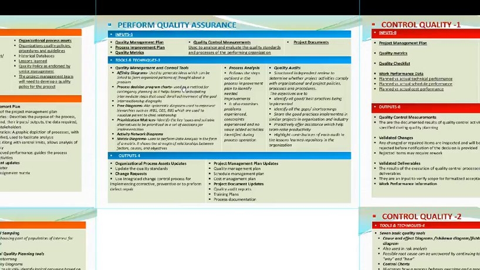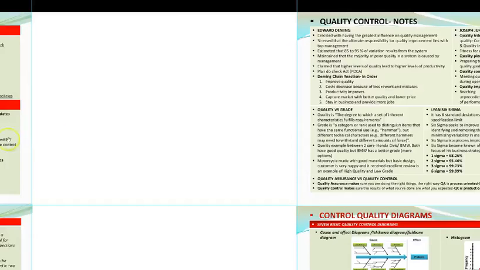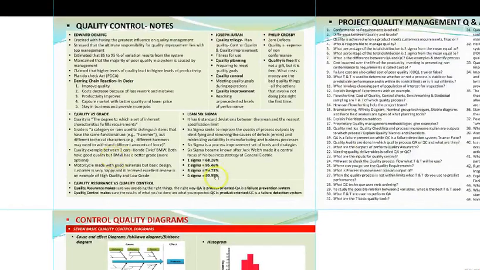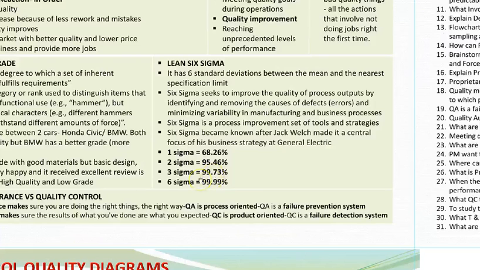Now, what percentage of total distribution is 3 sigma from the mean? It is 99.73%. Now, the next following question is, what percent of total distribution is 1 sigma from the mean?